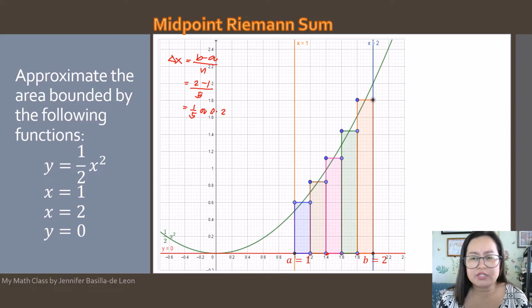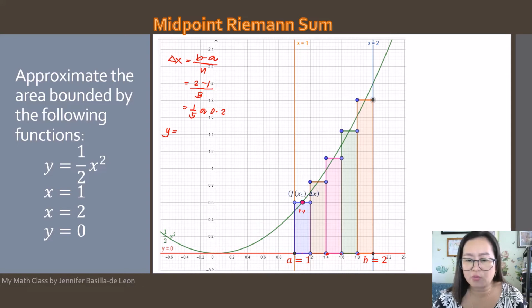Now, using the midpoints of these subintervals, we would be able to get the length of each rectangle by evaluating the function at x equal to these midpoints. So let's find the length of the first rectangle. From 1 to 1.2, the midpoint would be 1.1.